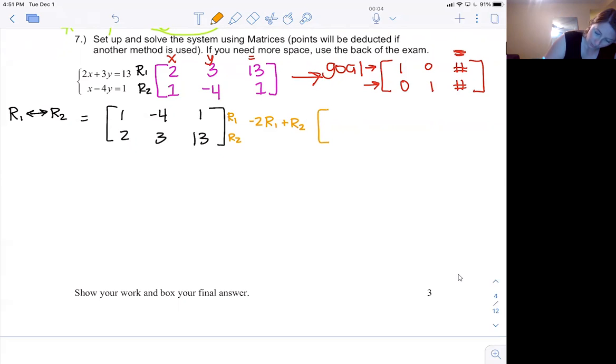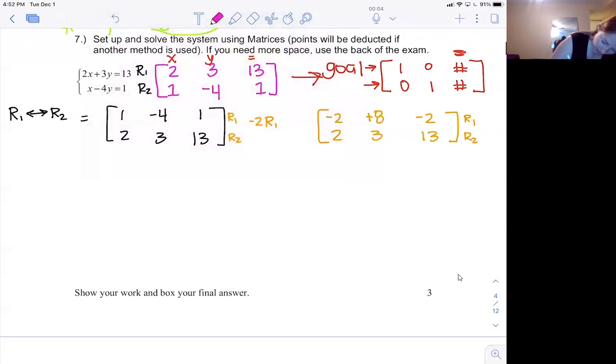So I times row 1 by -2, so I have -2, minus, well, that turns into a +8, minus 2. And my row 2 is still 2, 3, and 13.